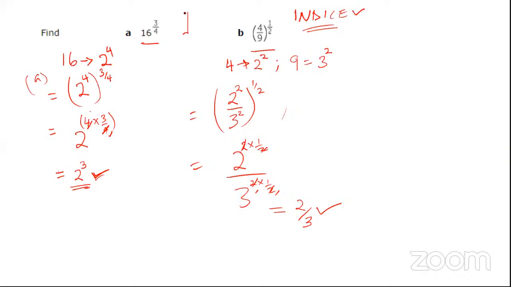Don't say the square root of 4 and 9 is this, then you just say this is 2 over 3. In the indices, you're not solving it this way. So how are we solving this? We are solving this by applying the rules of indices.